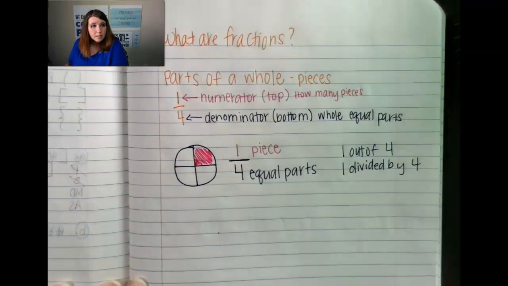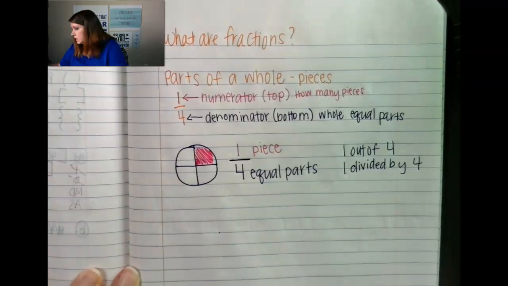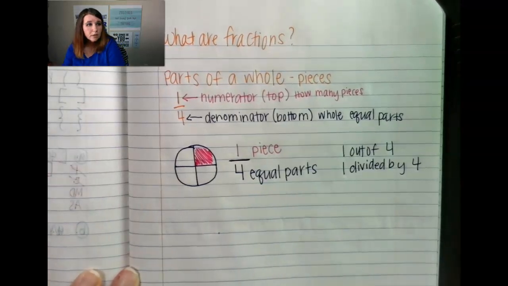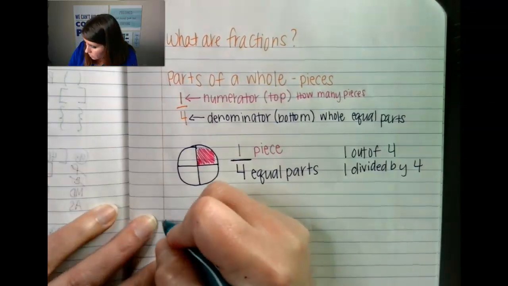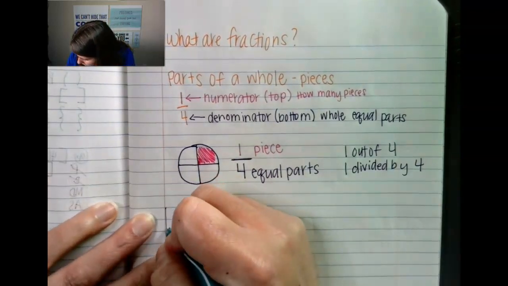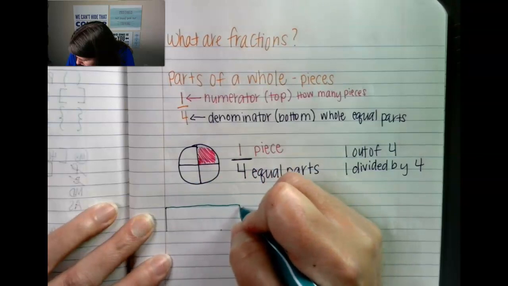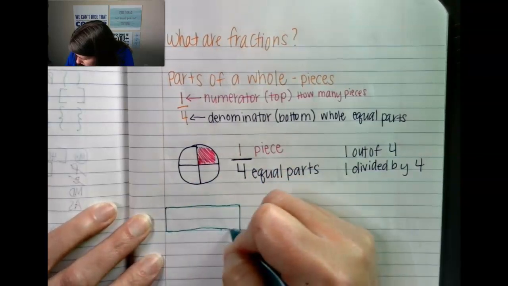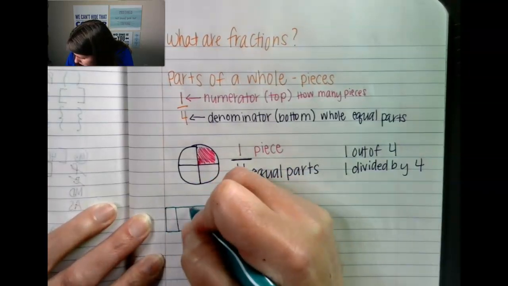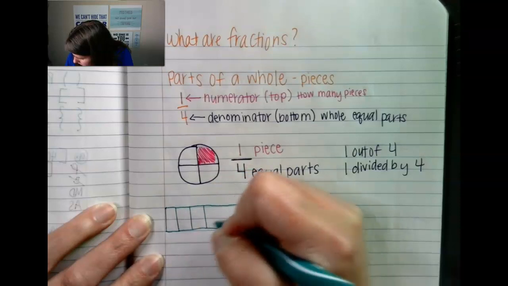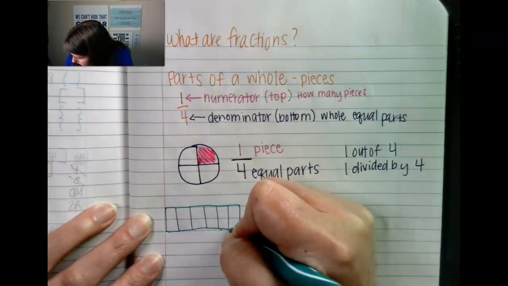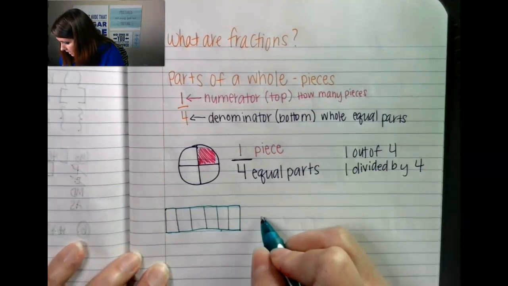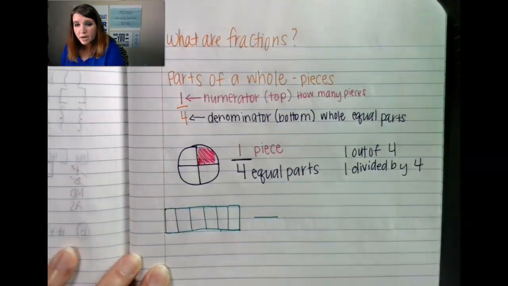So let's draw another one and let's see how this can also look. Let's say I have a rectangle. My rectangle is cut into some pieces. And let's talk about this fraction.